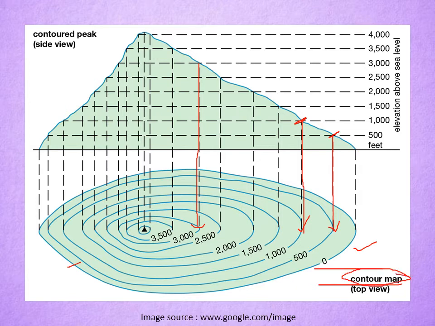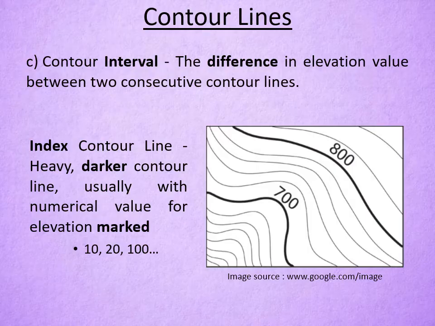And a contour map consists of different lines having equal elevation. That means different contour lines. Now in a contour map, we can see contour lines having different values.